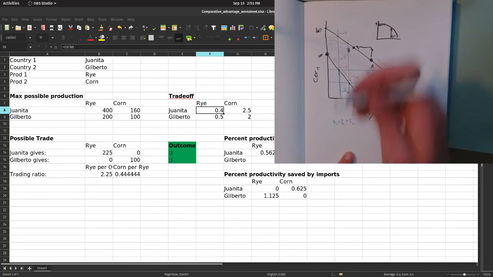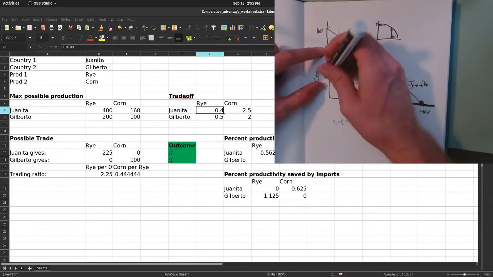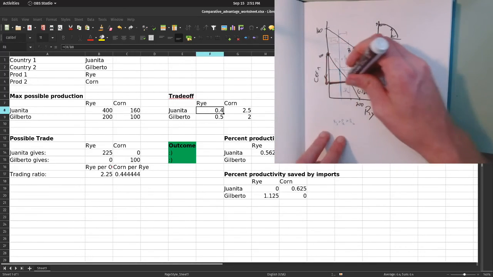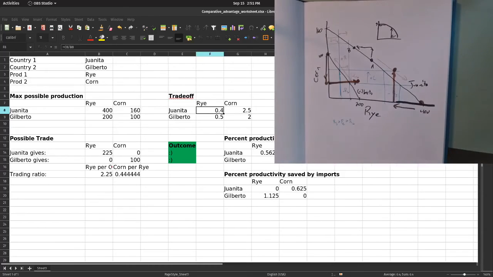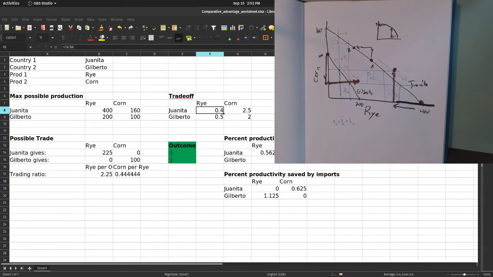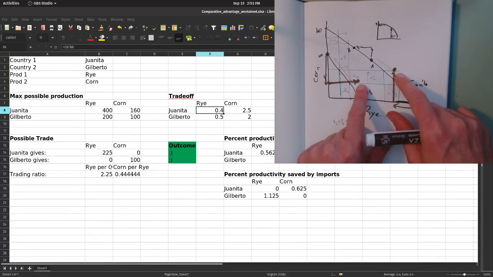And for the same sort of a trade, Gilberto's giving up this amount of corn. That looks about right. For this amount of rye, again, not very well to scale, but the result is Gilberto is able to consume more than it would be possible for him to do without trade. Juanita is also able to consume more than it would be possible without trade. They're both able to move outside their PPF.